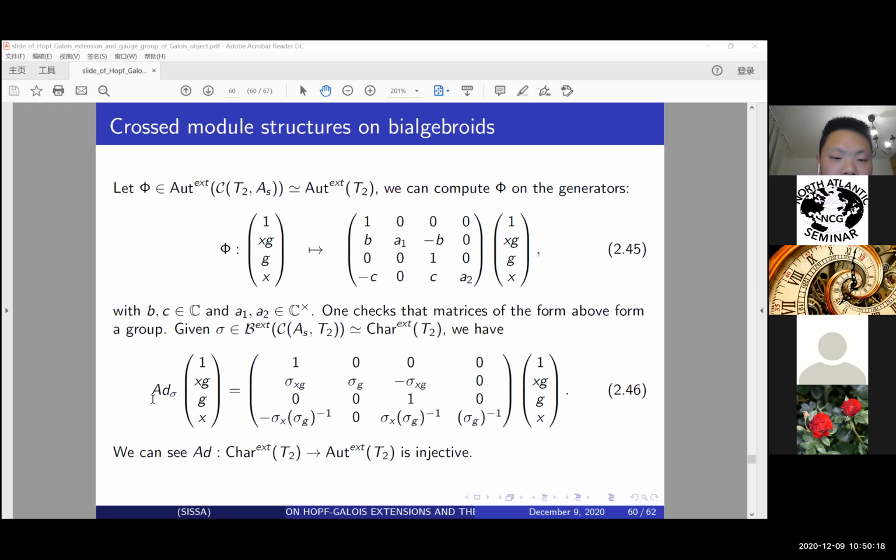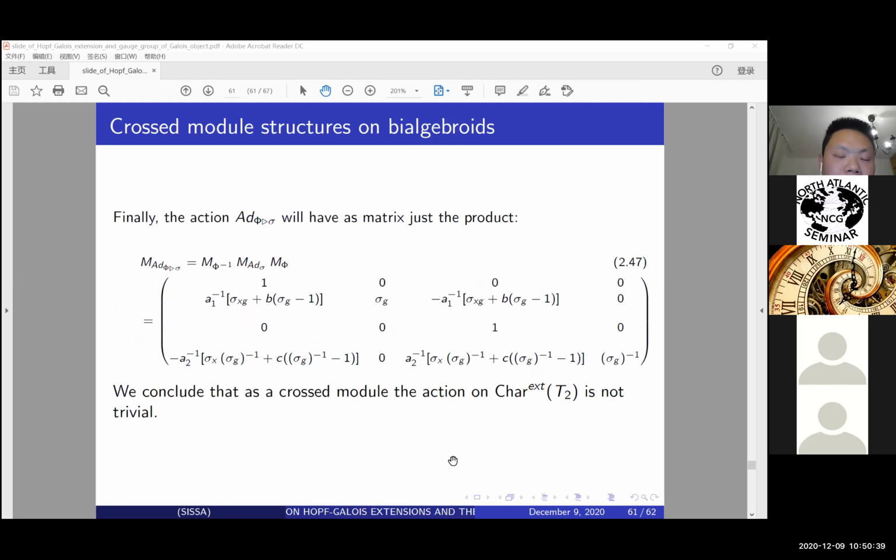One can also calculate the representation of at phi by again a matrix. But here we can see this matrix set is a subset of that matrix set, since here we need to require A2 is equal to the inverse of A1. And we can see the at map is an injective map.